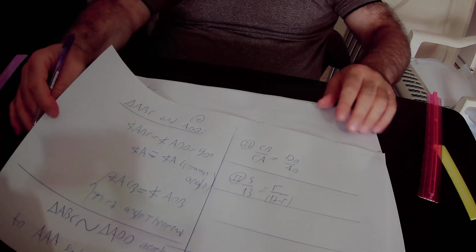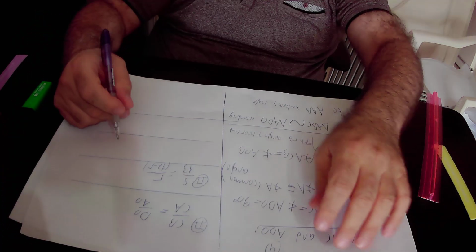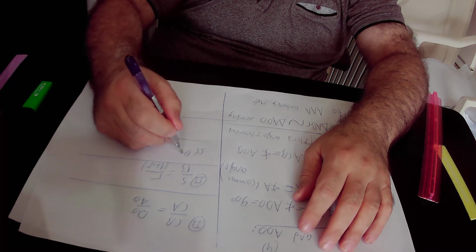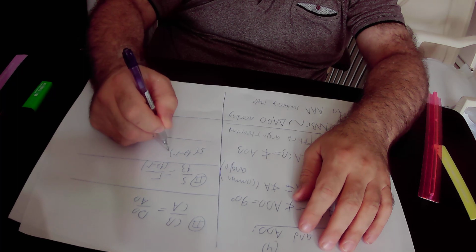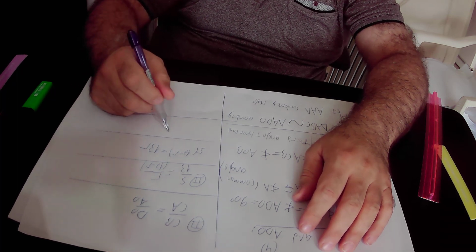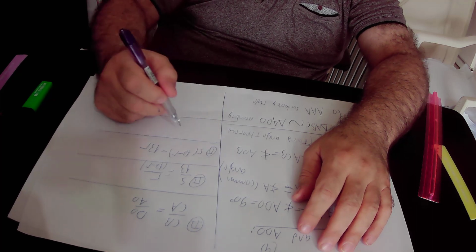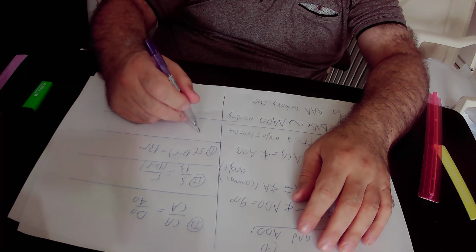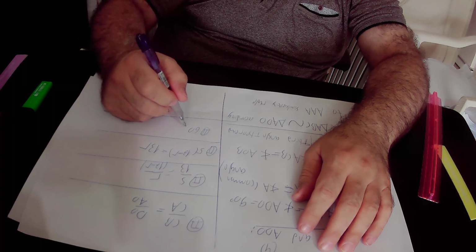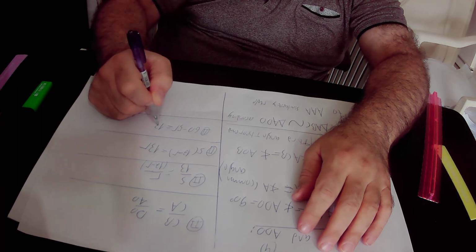Here we will cross multiply equation number 2 and we will get that 5 times 12 minus R equals 13R. Here we will open the brackets and we will get that 5 times 12 is 60. 5 times minus R is minus 5R and it equals 13R.